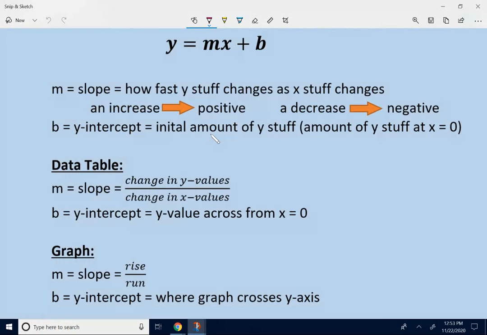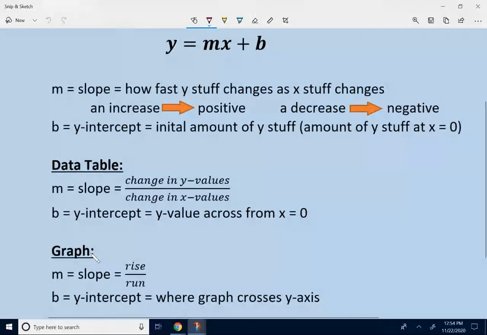You can find the slope and the y-intercept with the data table and a graph in a different way, but you're still finding the same information. In a data table, the slope is change in y values over change in x values. The y-intercept, how much you start with, is the y value across from x equals 0.